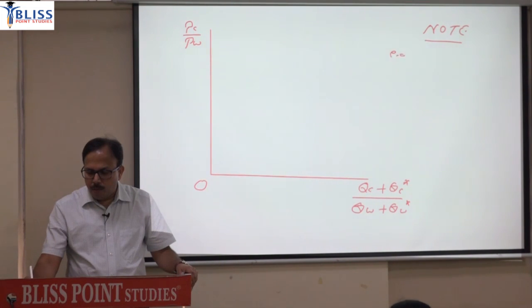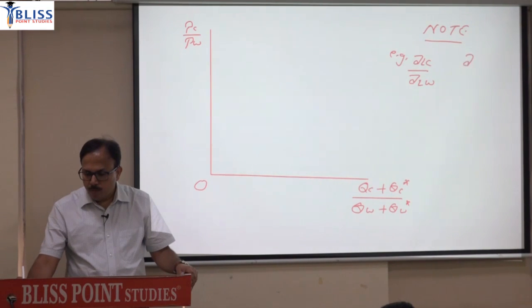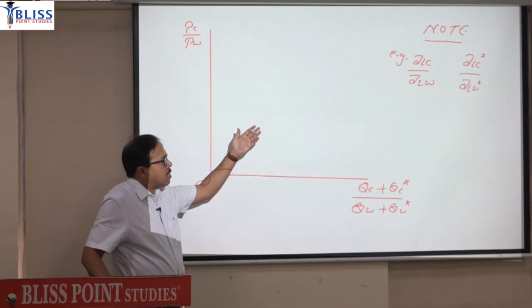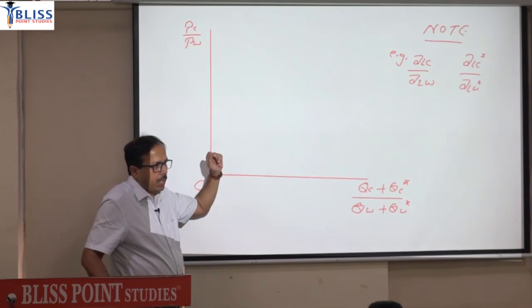सपोज फॉर एग्जांपल, ALC upon ALW, that is opportunity cost in home. Similarly we have opportunity cost in the foreign country. एक्चुअल में इनइक्वालिटी कोई भी हो सकती है. ALC by ALW can be greater or it can be less.